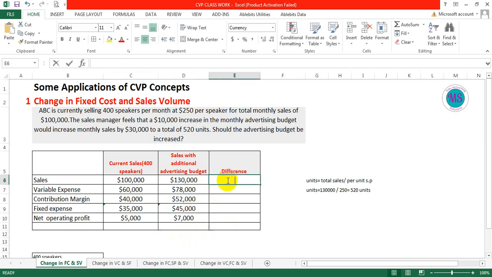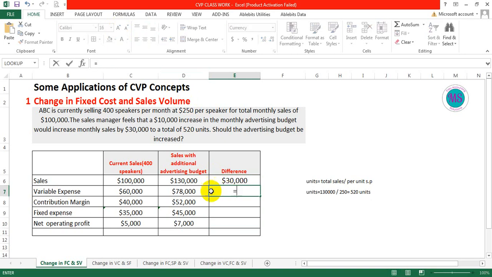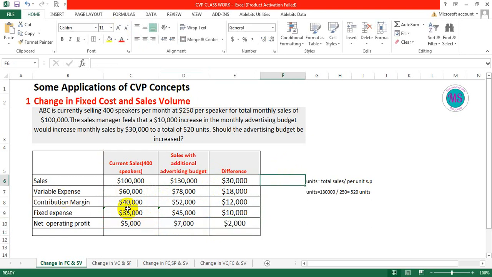Take the difference, new minus old, the value is 30,000. We will do it for the whole. 78 minus 60, individually I am showing you. So the total difference is 2,000.